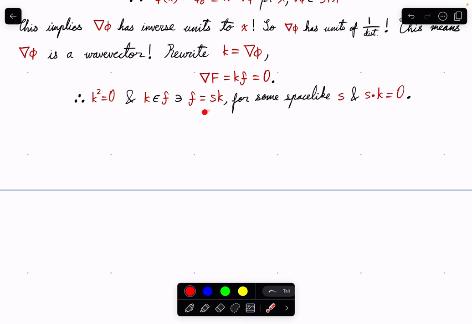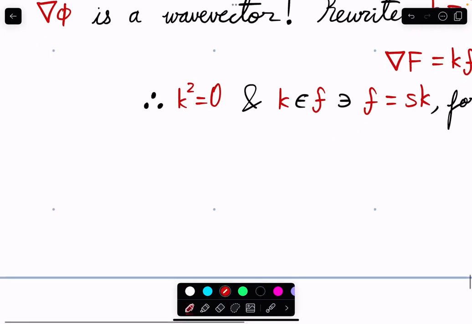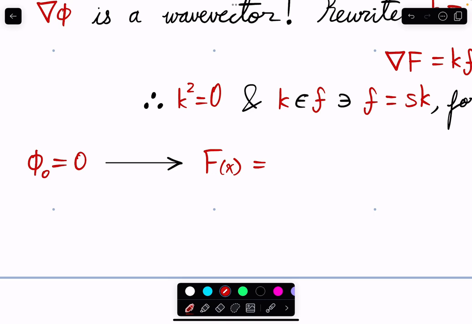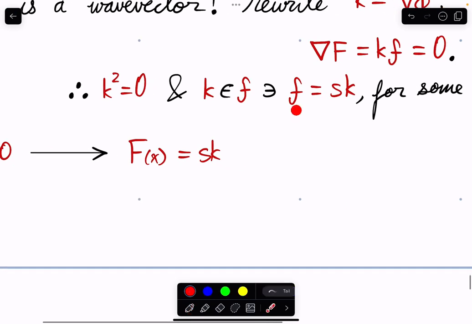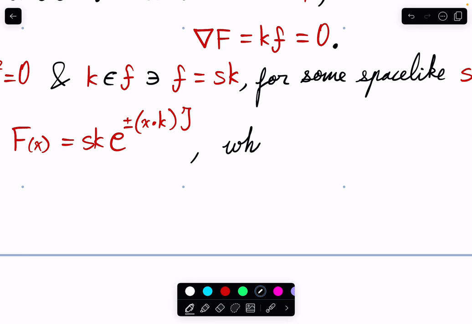Now, if we consider phi naught as being equal to 0, then you have that f, which is the field again, and I'm just emphasizing again that it's a function of x, is equal to sk, which comes from this right here, times e to the plus or minus x dot k i. And this is a plane wave solution.